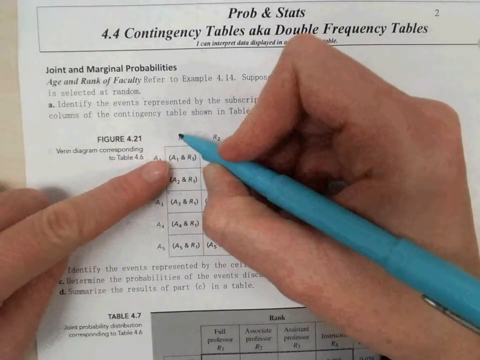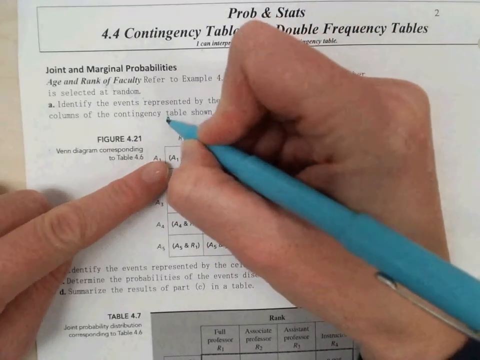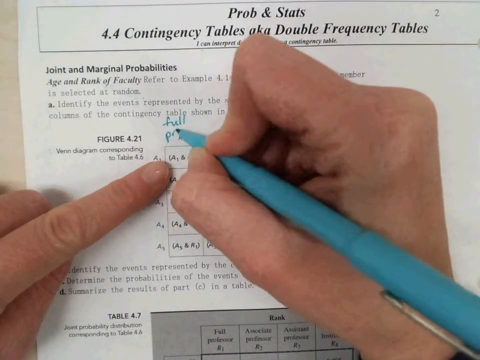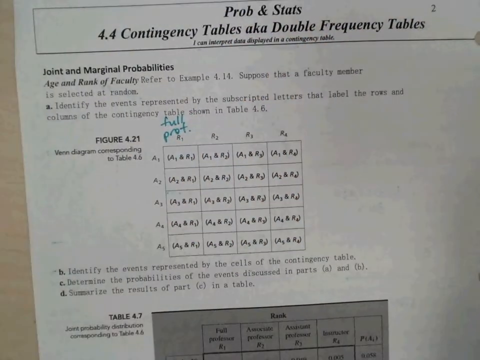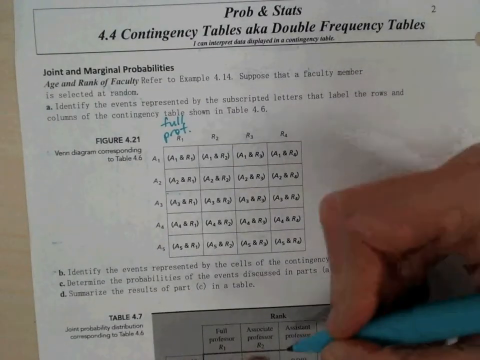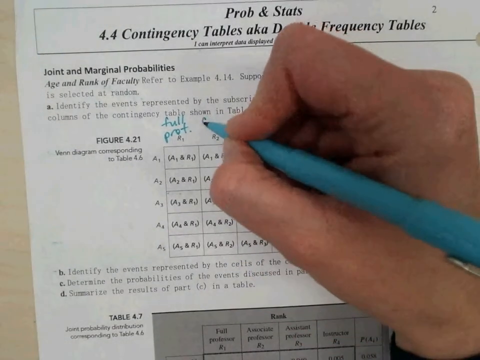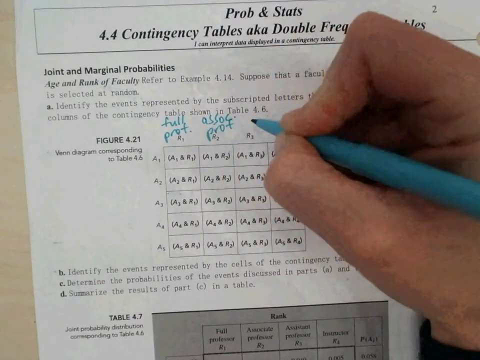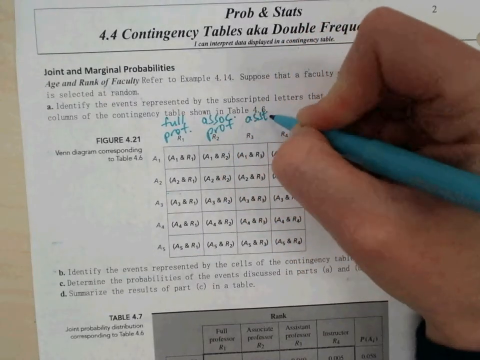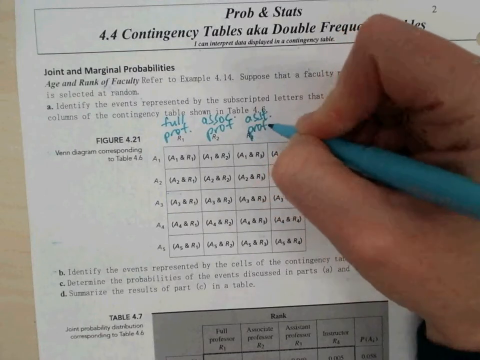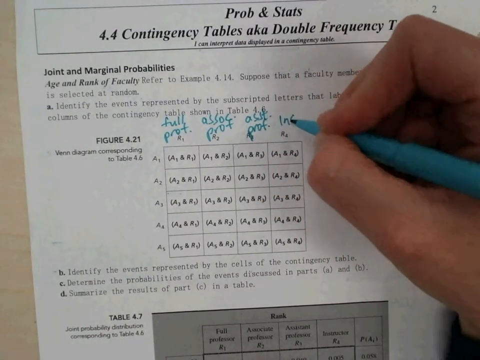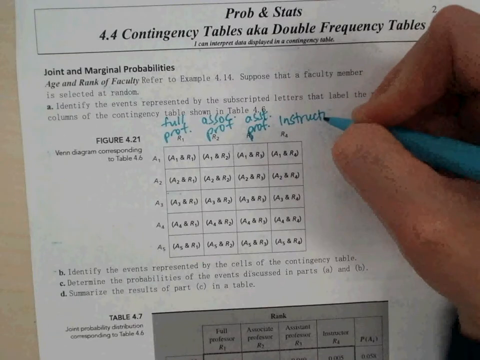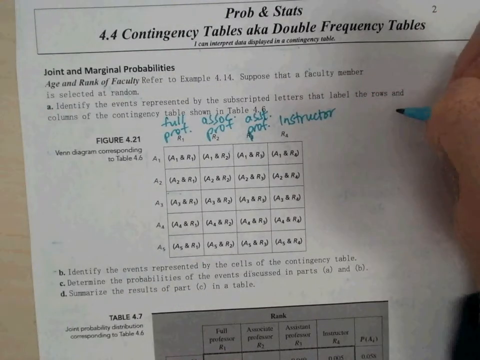Identify the events represented by the subscripted letters. So each one could be labeled, so R1 would be full professor, associate professor for R2, assistant professor for R3, and instructor for R4.